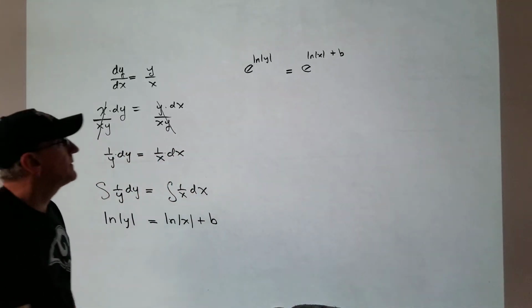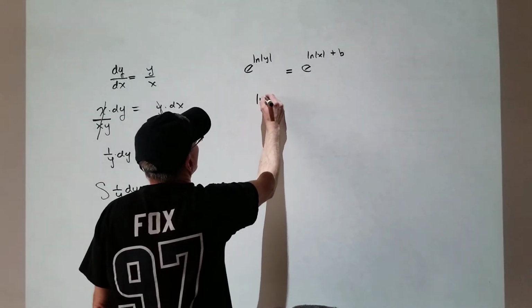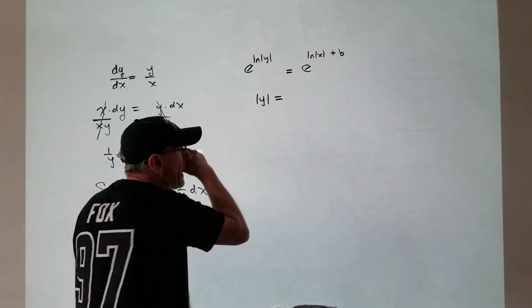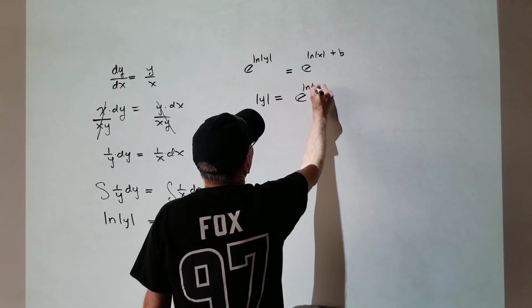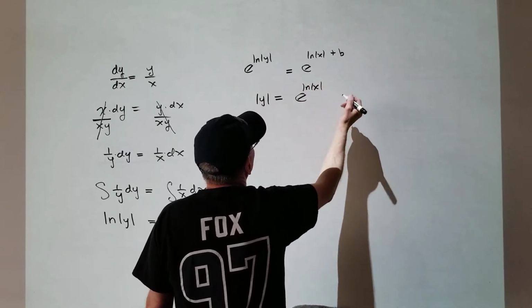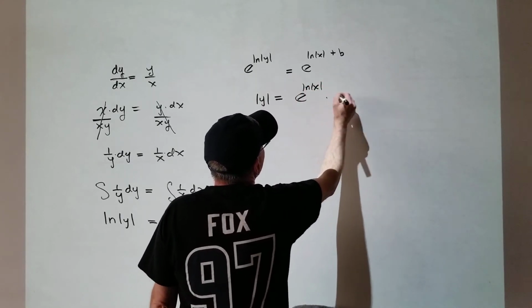So clearly this side becomes just absolute value of y. And this side can be written as e to the natural log of absolute value of x, times e to the b.